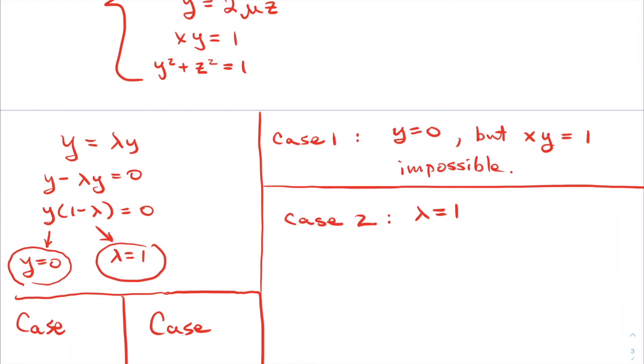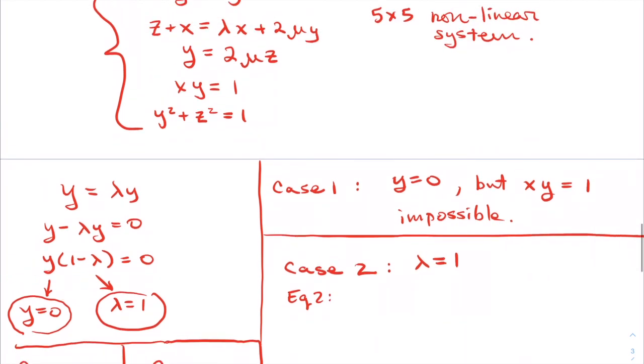If we go back to equation 2, this says that z plus x is lambda x, but lambda is 1, so I'll just write 1x plus 2 mu y. Okay, now the x's can cancel. If you subtract them out, they go away.